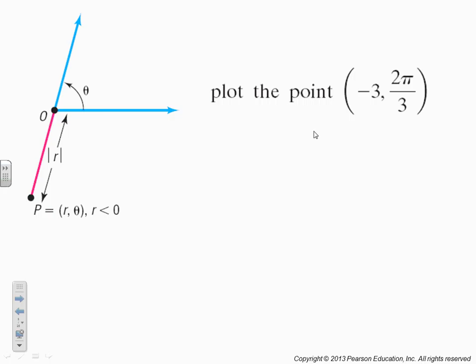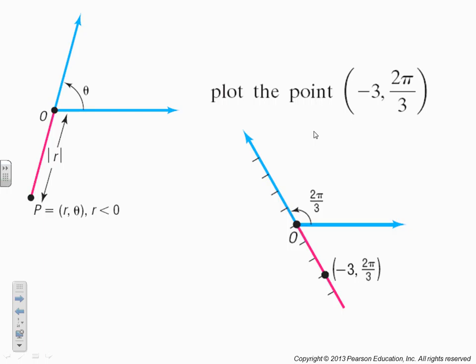So if we're going to plot the point negative 3 comma 2 pi over 3, we go ahead and go around with 2 pi over 3, and then we go out 3 units 180 degrees, or pi radians, from our original angle.